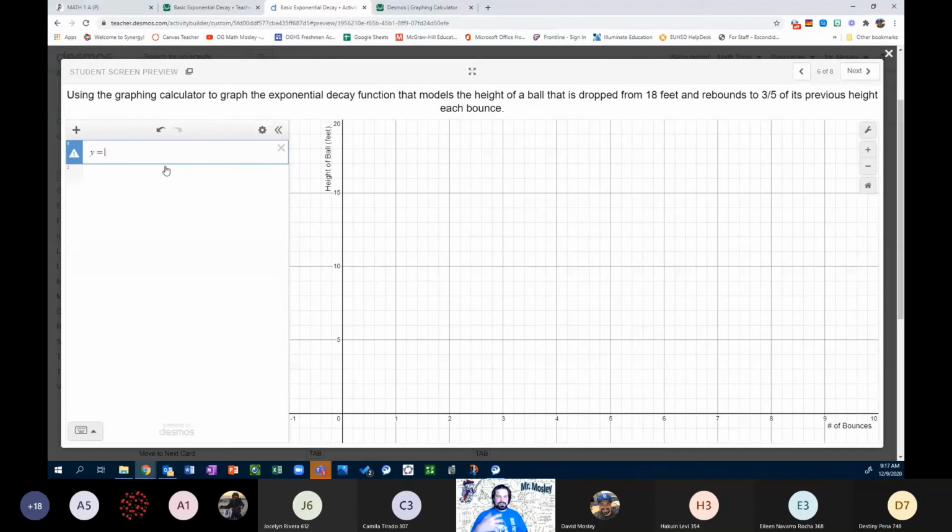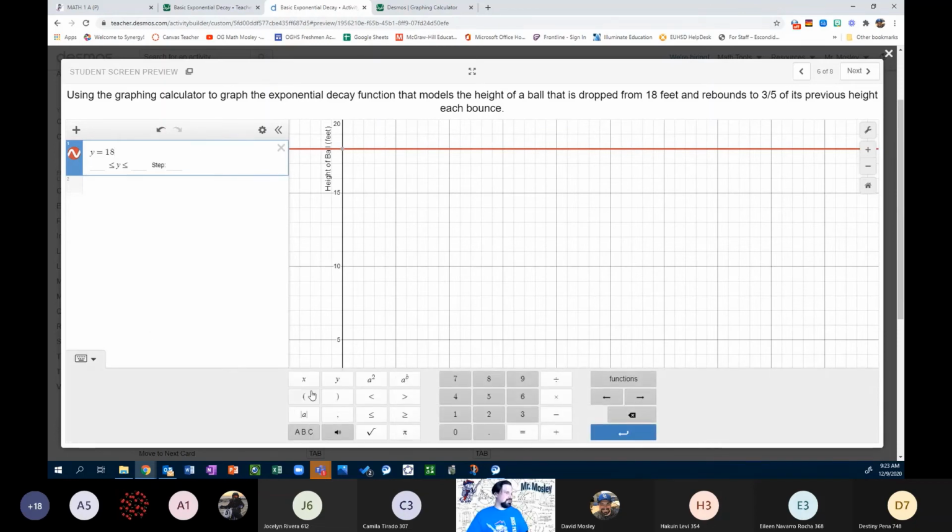So you're going to use this whole screen to enter in the graph. I've already set your x to be number of bounces, your y to be the height of the ball. And the window I've put in place here should work for this function so you can see what it is. So the function you should have should be y equals 18, and then we'll put in parentheses. We can put the fraction right in here.